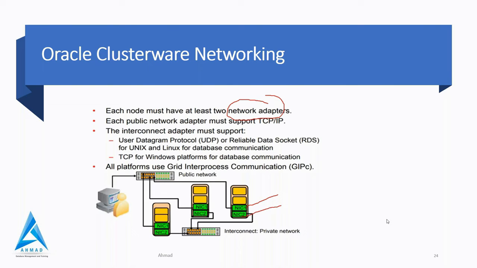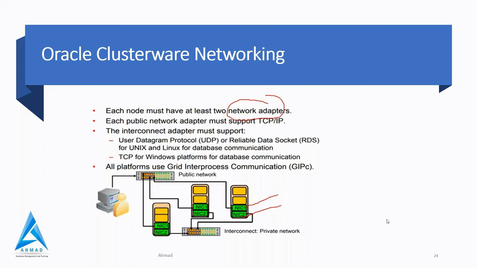All platforms use Grid Inter-Process Communication, that is GIPC. So that is another way of networking. Each node must have at least two network adapters, one public and another private. And the interface names associated with the network adapters for each network must be the same on all nodes.